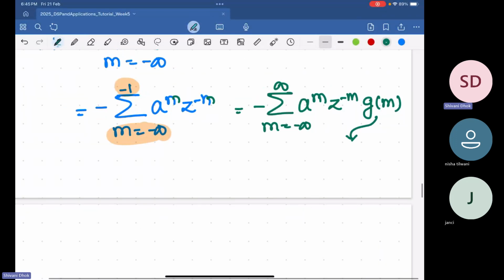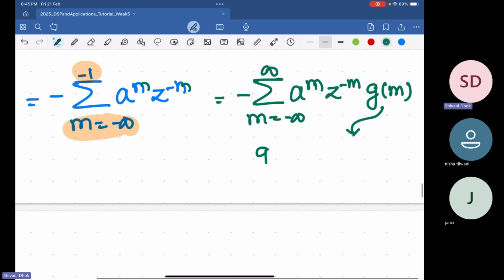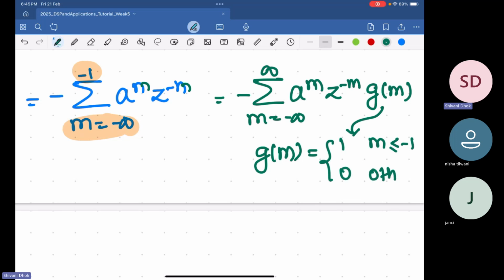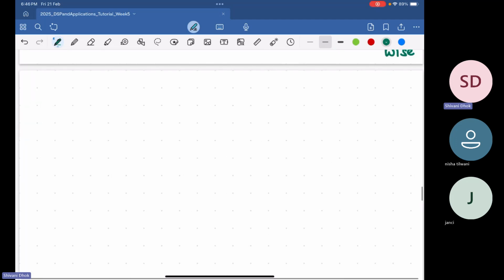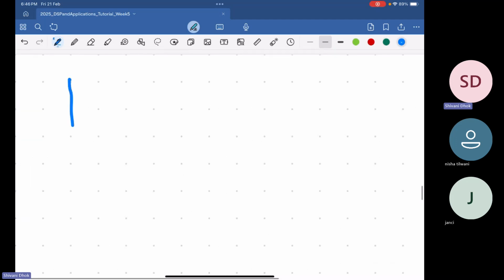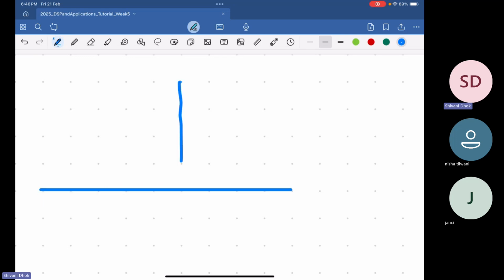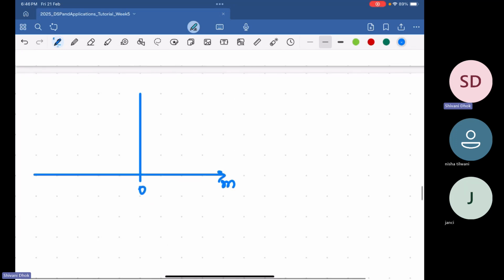So this g of m is 1 for m less than or equal to minus 1, and it is 0 otherwise. So how does this g of m look? It looks something like this. This is 0, this is m, this is g of m.